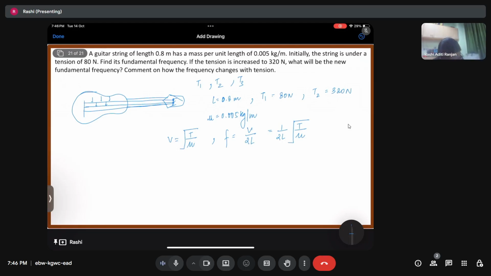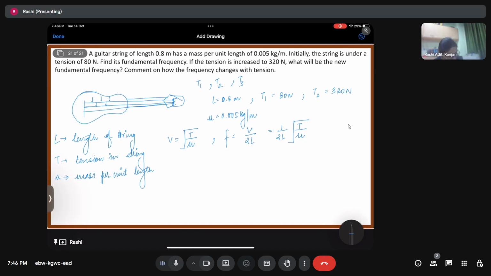Okay, maybe I should write: L is the length of string, T is the tension in the string, mu is the mass per unit length.